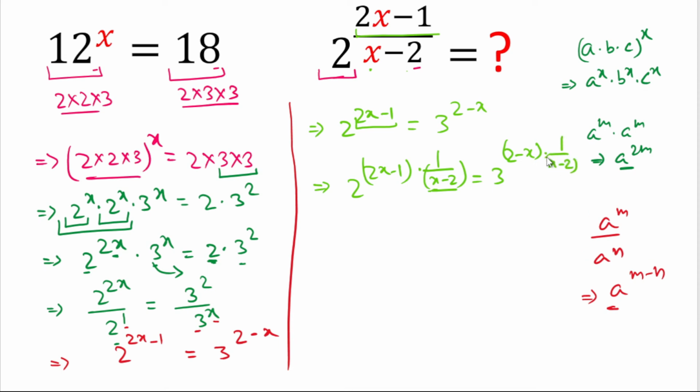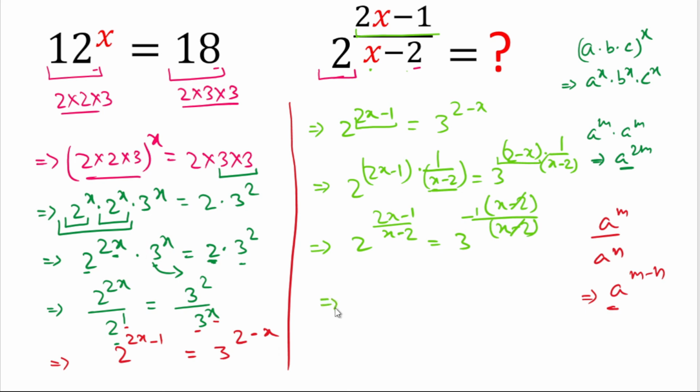So here we can write it as 2 to the power 2x minus 1 divided by x minus 2, and here 3 to the power, and from here we can take minus common. If we take minus common, this value will be x minus 2, and in the denominator that is x minus 2, so x minus 2 and x minus 2 get cancelled.